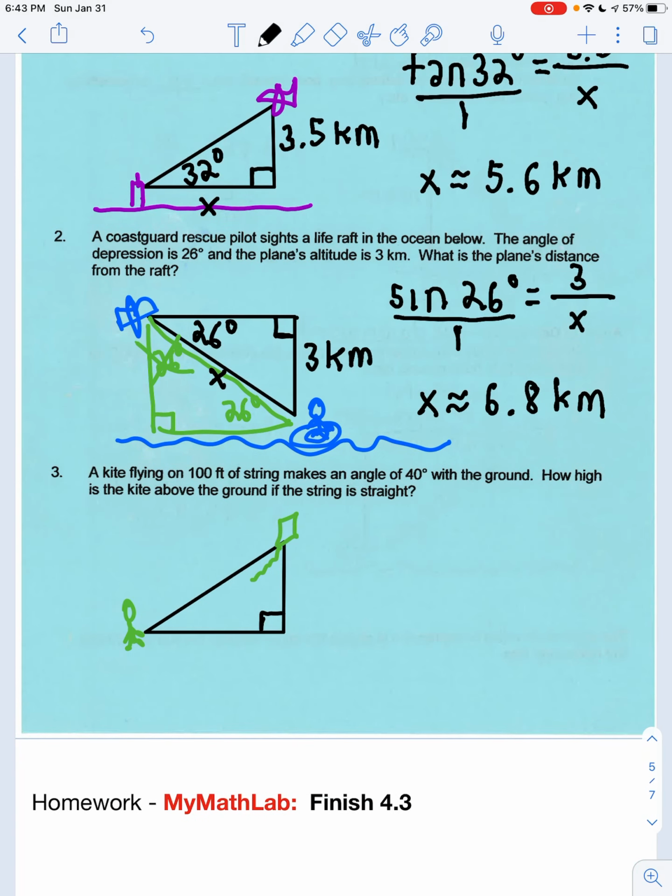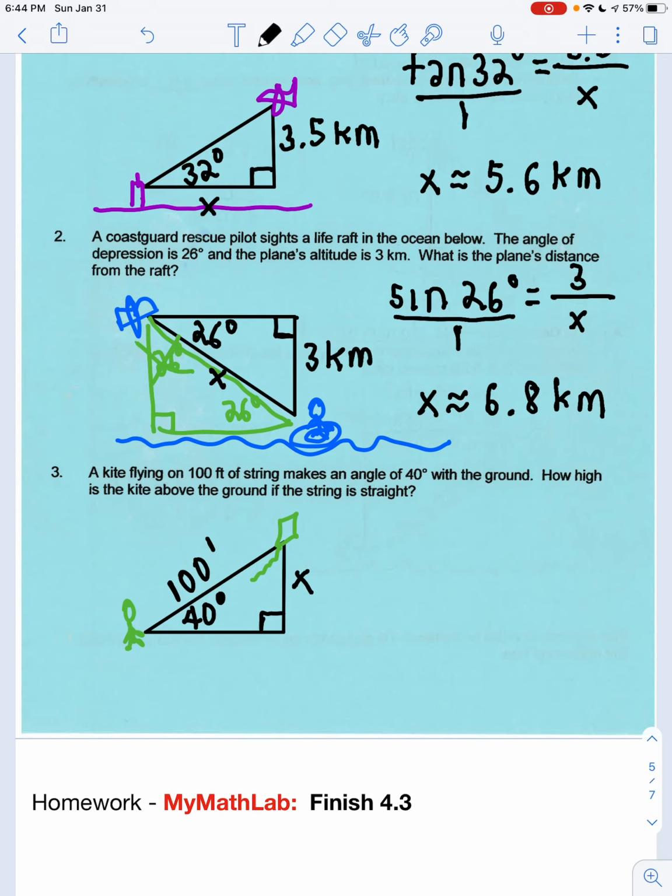Last one. A kite is flying on 100 feet of string. Now, you have to understand that would be the 100 feet of string, and it makes an angle of 40 degrees with the ground. That's like an angle of elevation. So that's our diagram, and they want us to find how high the kite is flying above the ground. That would be that side.